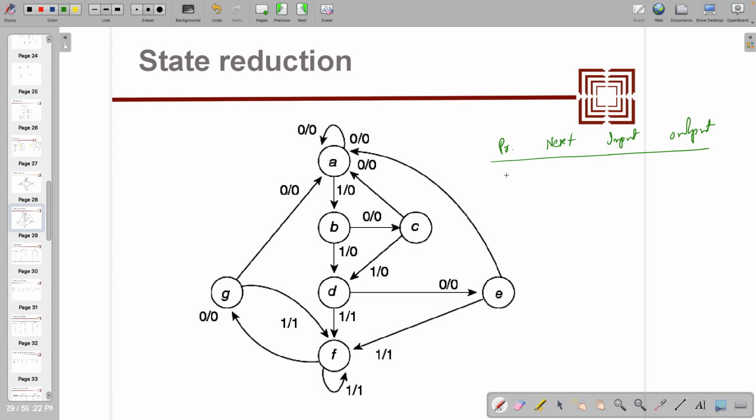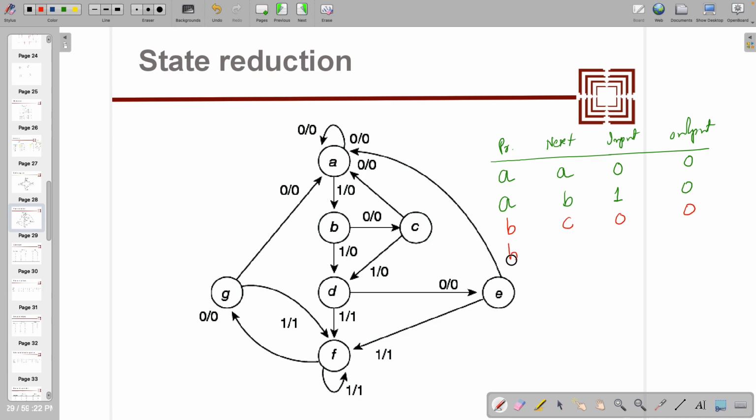So present state is A and next state is A when input is 0 and output is 0. When input is 1, output is 0, next state is B, right? Now we are at B, so when present state is B, next state is C when the input is 0, output is 0.